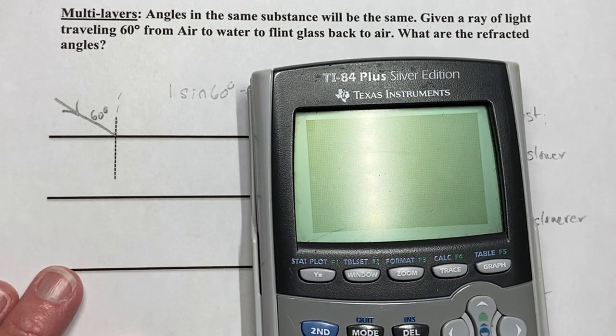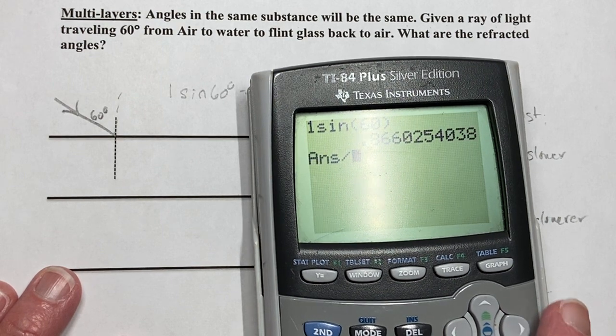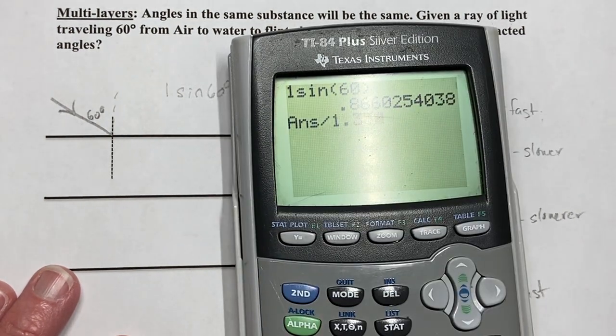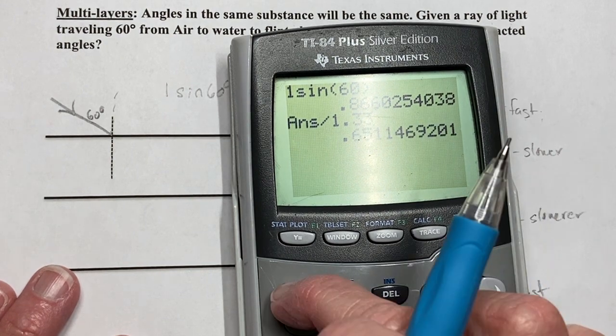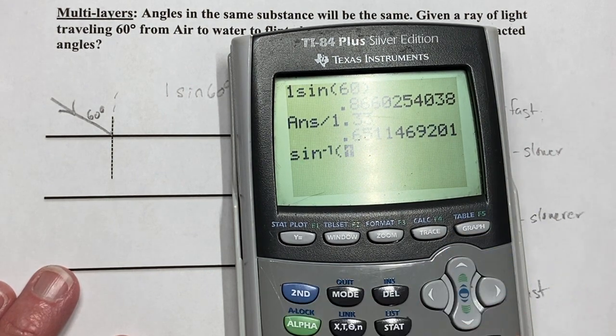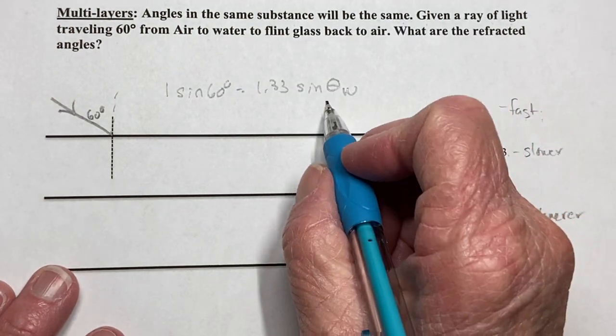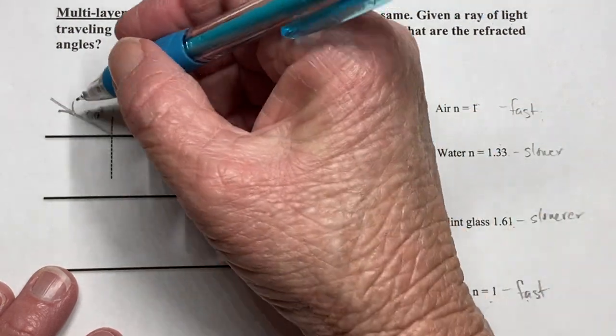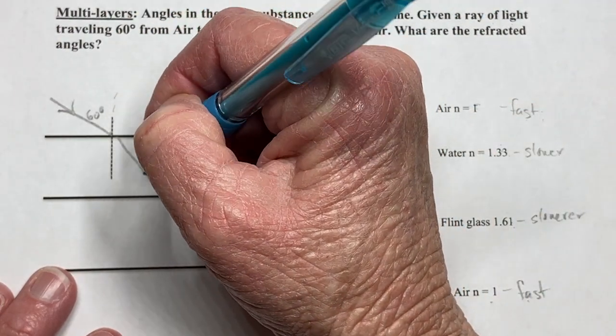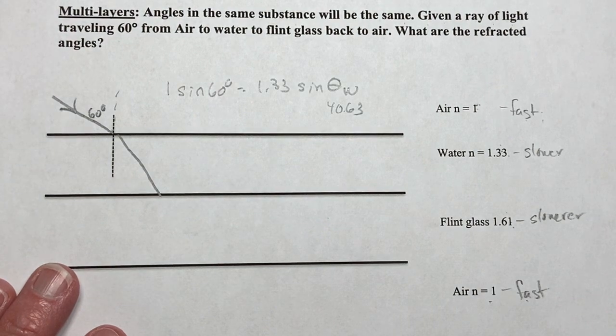So 1 times sine of 60 equals that, divided by 1.33, and then second sine, second answer, 40.63 degrees. Okay, so 40.63, which is smaller than 60.